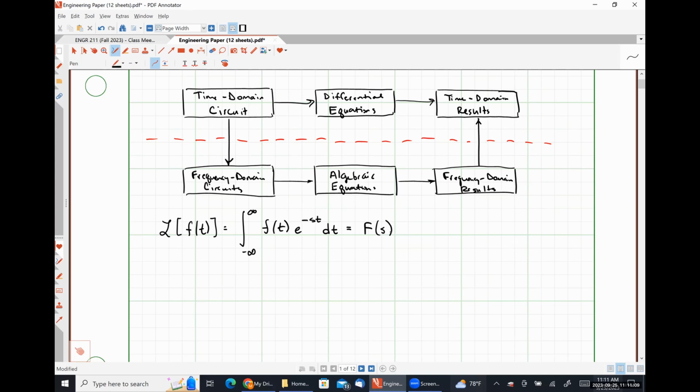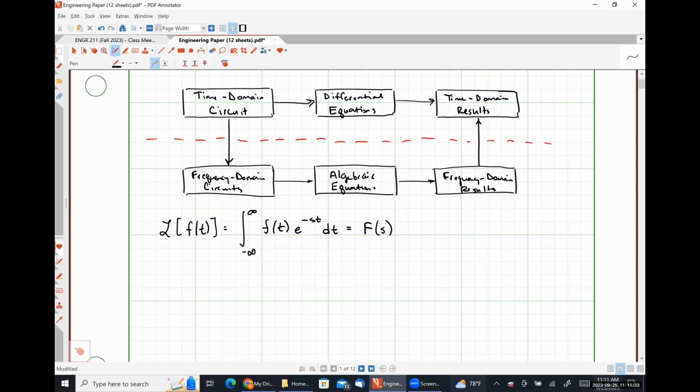So we don't really use the bilateral Laplace transform, which is what this thing is, because it stretches all the way from negative infinity to positive infinity. We are going to use the unilateral Laplace transform because every circuit and every signal that we can physically realize exists only after t equals 0 when we turn things on.